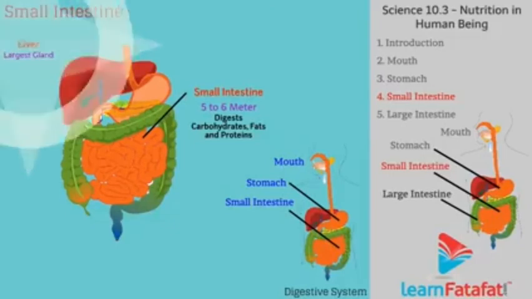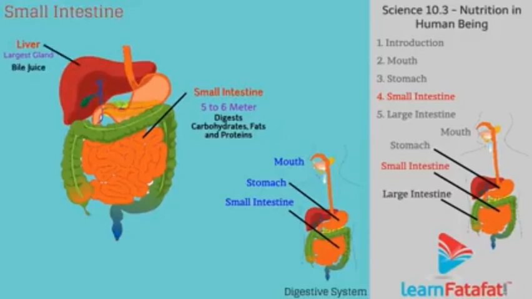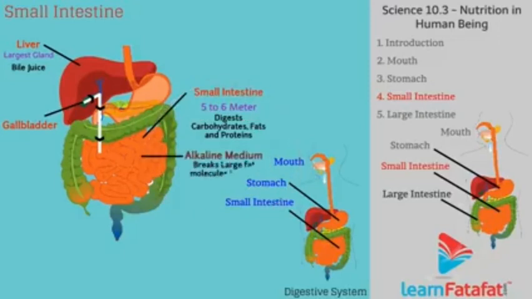The largest gland, the liver, secretes bile juice, which is stored in the gallbladder. The gallbladder secretes bile juice into the small intestine, which creates an alkaline medium and also breaks large fat molecules into smaller ones so that enzymes can act easily on small molecules.